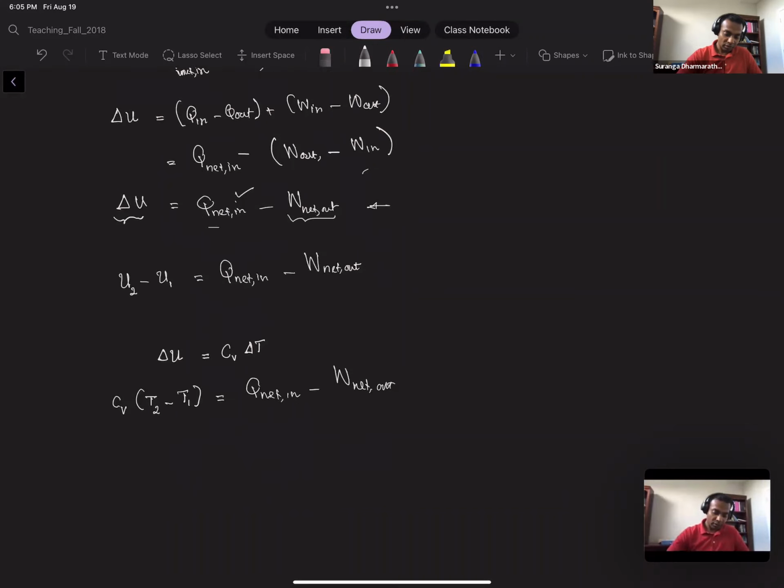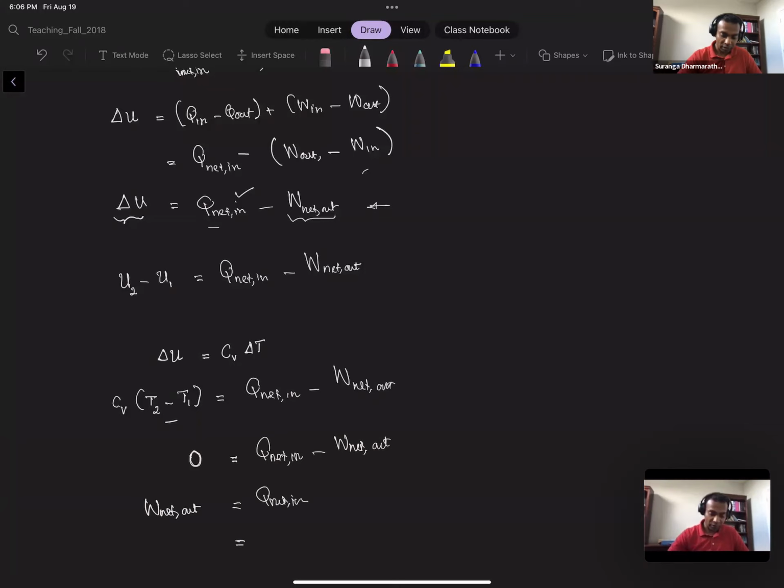Okay. So now what's the difference between those two? T2 minus T1. T2 is equal to T1 because it's an isothermal process. So there's no internal energy change during this process. That's going to be 0. And now we get 0 equals Q net in minus W net out, right? So W net out is equal to Q net in.